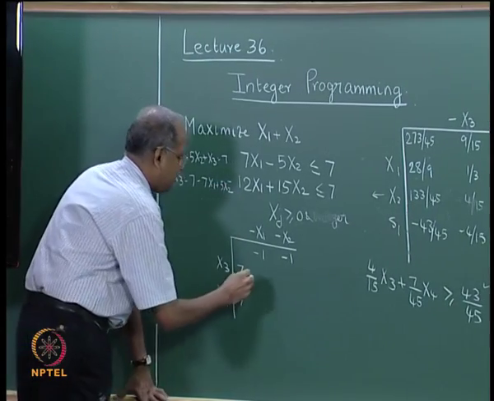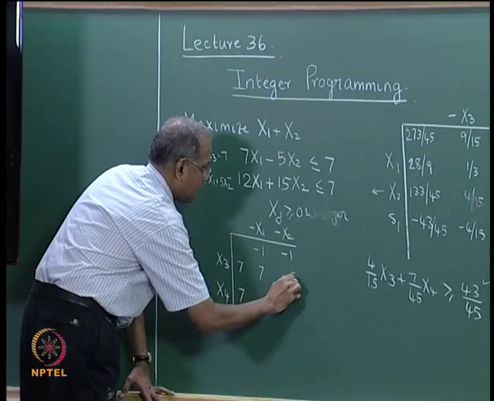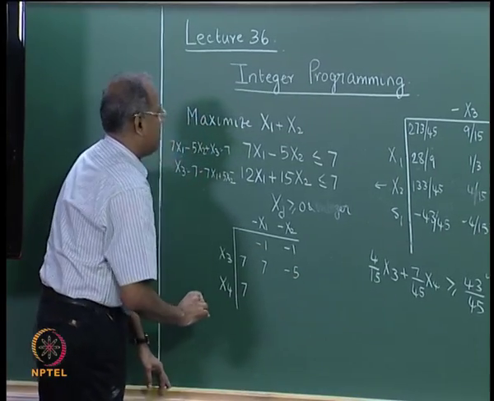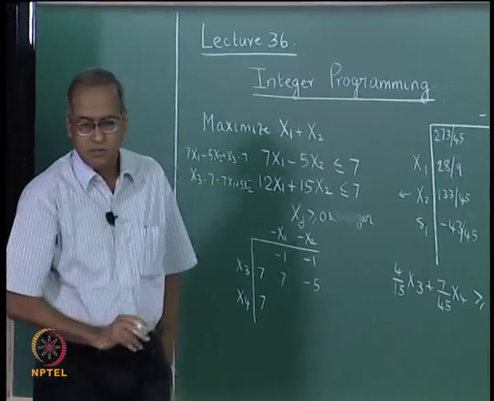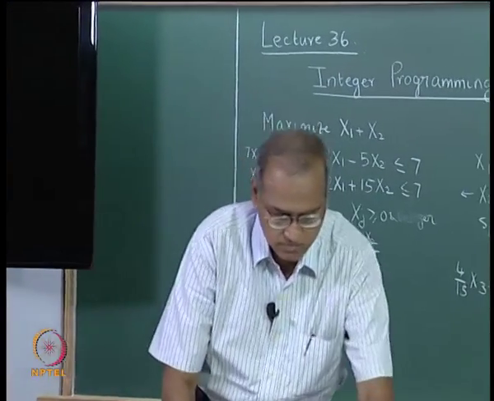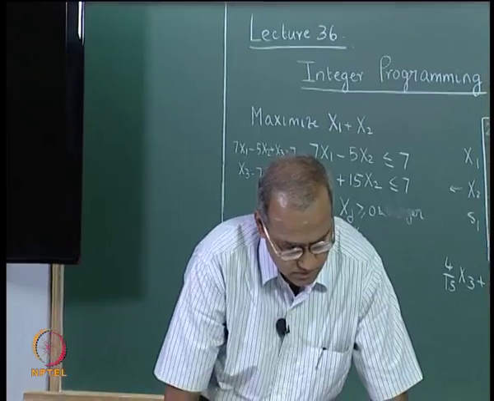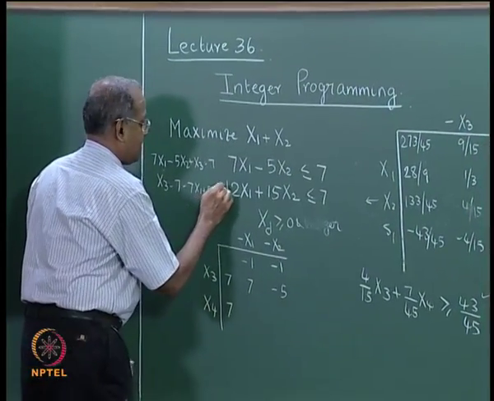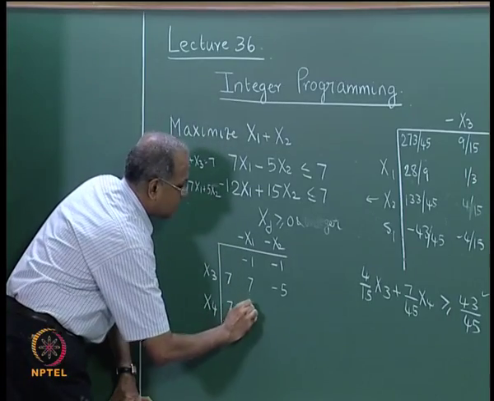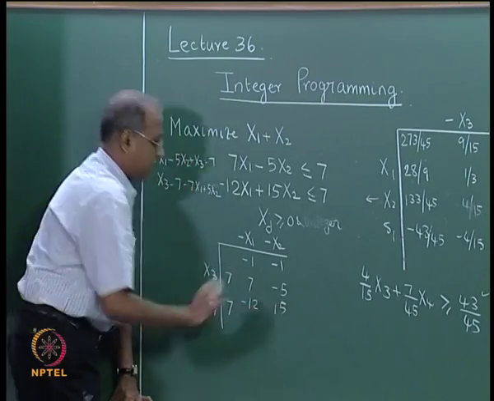So therefore this will become 7 and minus 5, this will become minus 12x1, sorry, so there is a minus here, minus 12x1, so minus 12 and 15.